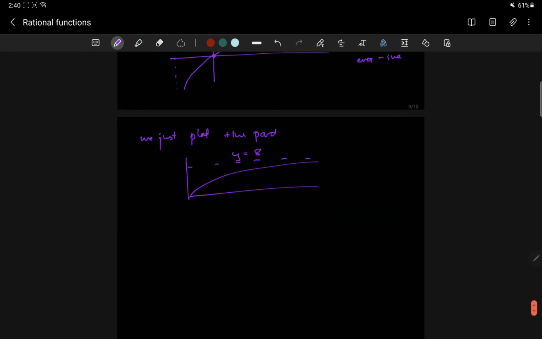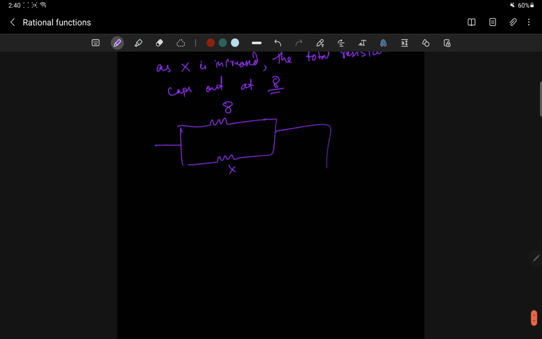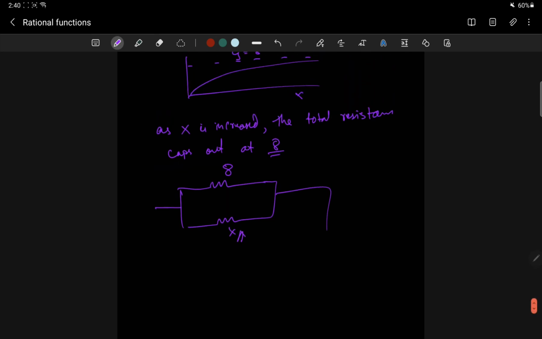So what this says is, as x is increased, the total resistance caps out at 8. This is saying that if you have two things in parallel and one is 8 and the other is x, if you keep on increasing x, it's eventually just going to equal 8.